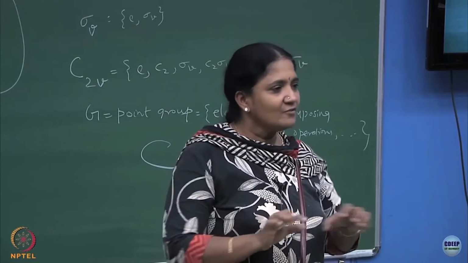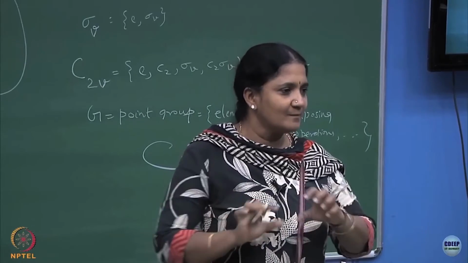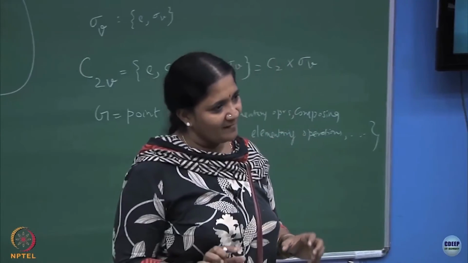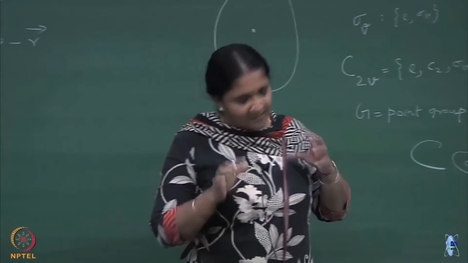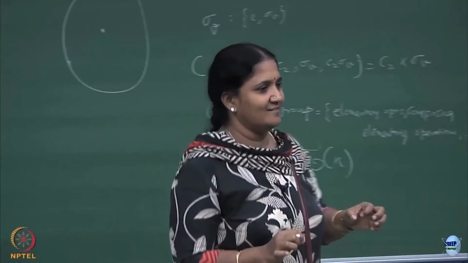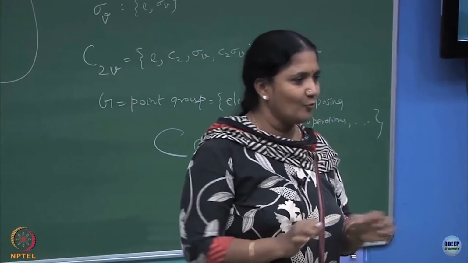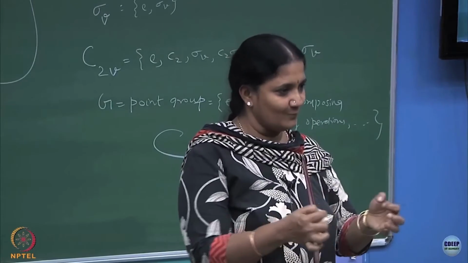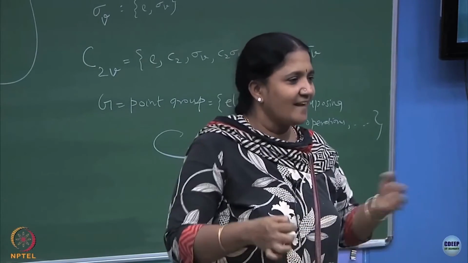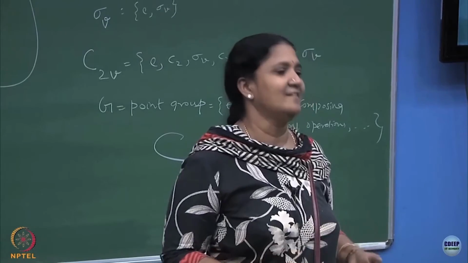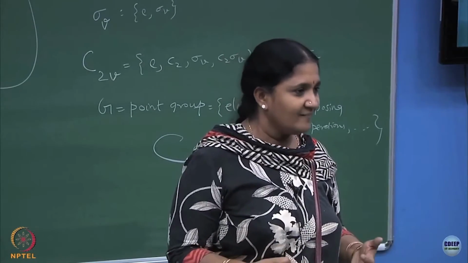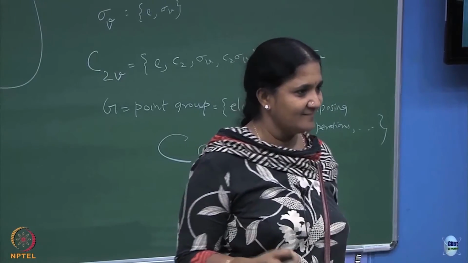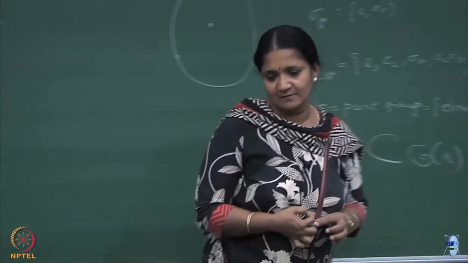So, the cube was just a simple example, but in general there will always be a point which I do not need to touch by any of these transformations. The center point of the cube will not be touched. Whether there is an atom at the center point is your question, but I could have put an atom there and still the cubic symmetry would be there, right. So, that is what I mean by this.